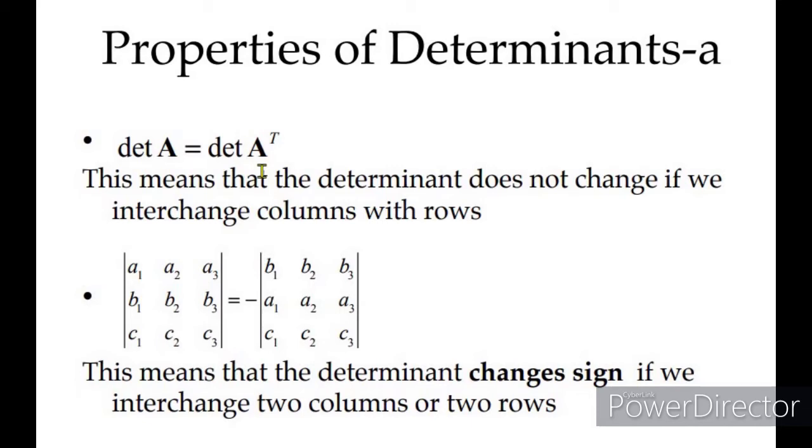The next property means that the determinant changes sign if we interchange two columns or two rows. In this example, the first row is interchanged with the second row, so the determinant will change its sign, from positive to negative.